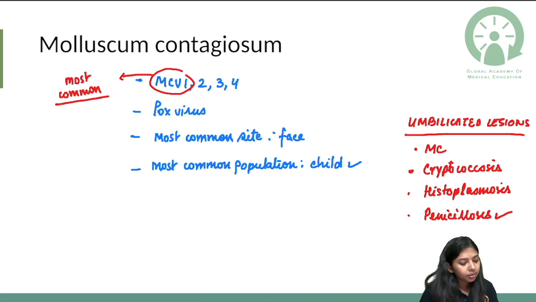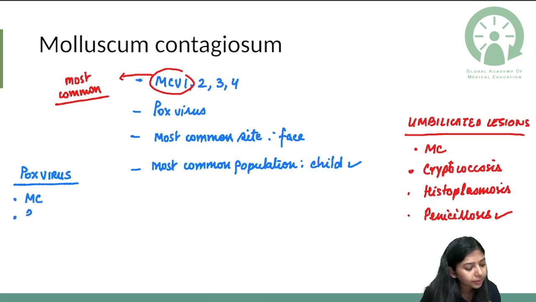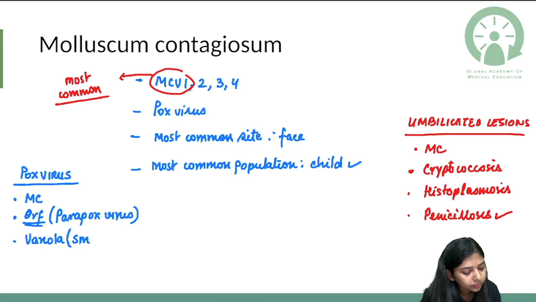Another important thing, what are the diseases caused by pox virus? So one is molluscum contagiosum, then you have ORF, right? ORF is caused by a parapox virus. Then you have variola, which is smallpox.